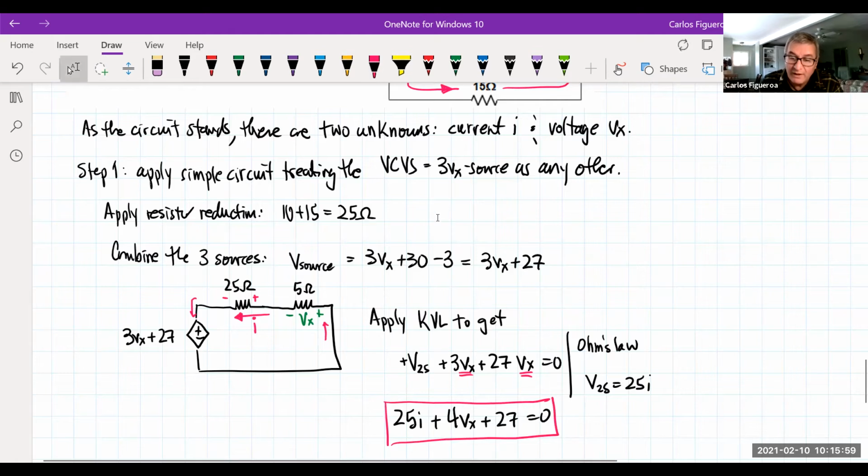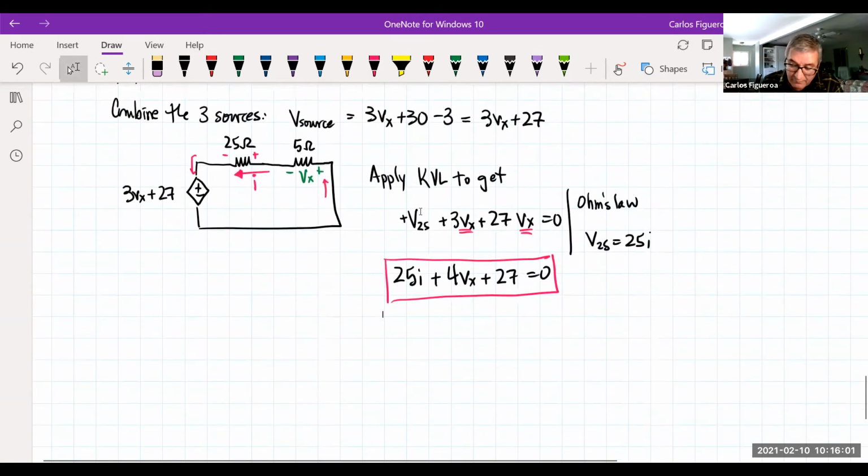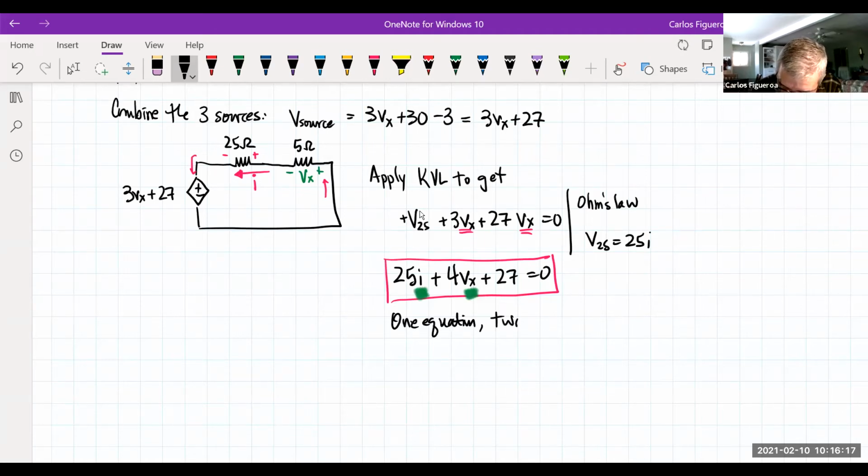And look at what KVL gives me. I have I, that's an unknown. Vx, that's an unknown. So therefore, I have one equation, two unknowns. And as it stands, it's impossible to solve. So what do we have to do? We have to find another equation.